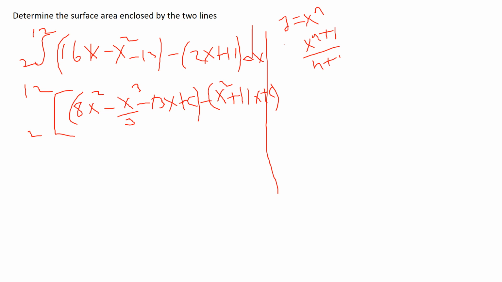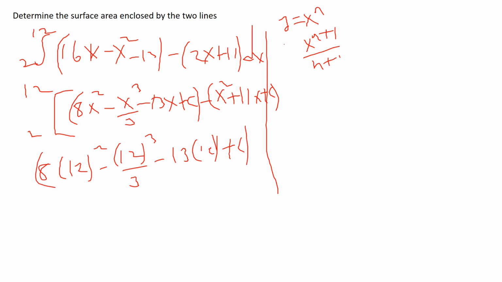In this case we have 8 times 12 squared, then minus 12 cubed over 3, then minus 13 multiplied by 12, plus c, and then we subtract the lower limit: 2 raised to power 2, then plus 11 multiplied by 2, and then plus c.